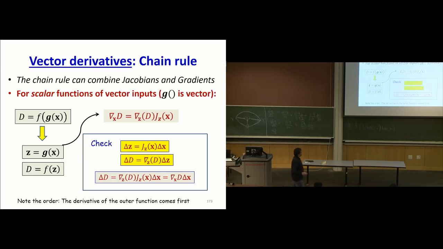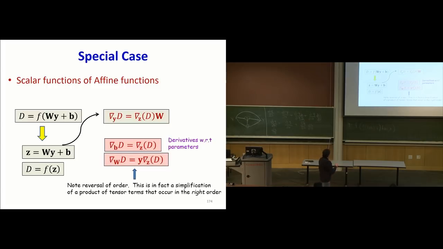And one last thing that you want to check is, suppose I have a scalar that is some function of z, where z equals w times y. Then the one special rule is that the derivative of this divergence with respect to w is going to be y times the derivative of d with respect to z.